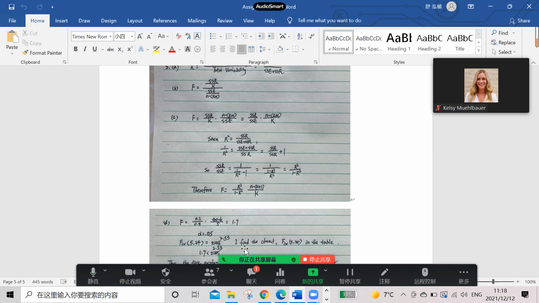Don't worry too much about making a calculation error. I don't have a huge penalty for calculation errors. So just make sure you understand the question and you plug in the right formula and write down as much as possible.